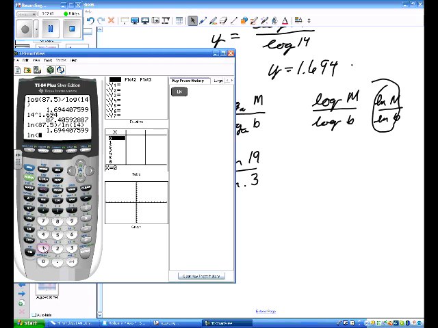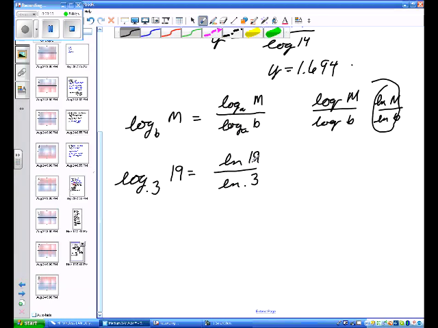Okay, that's going to be the natural log of 19 divided by the natural log of 0.3, or 3/10. So that turns out to be negative 2.446.